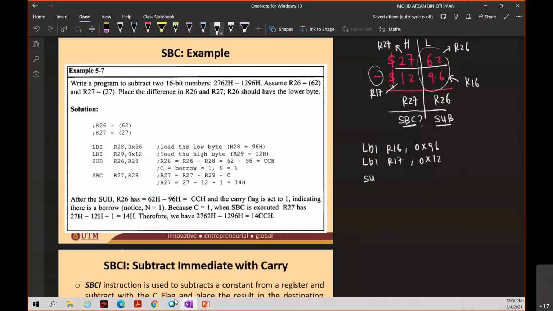We subtract the lower byte first, followed by the higher byte using SBC. So SUB R26, R16, and SBC R27, R17. This is how you write a program to subtract two 16-bit numbers.